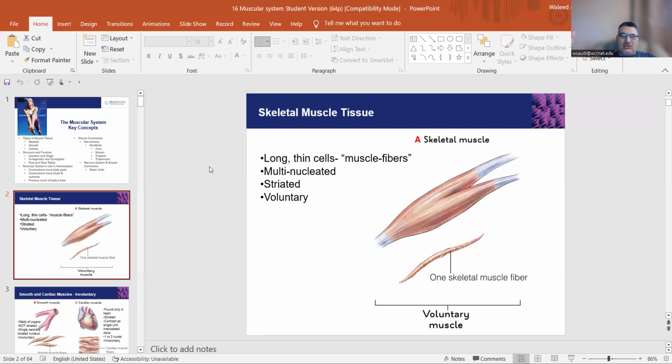Same thing for the smooth muscles. But let me remind you that the smooth muscles always go by exclusion. So always ask yourself, if I ask you about any muscle, what kind of muscle is that? The simple question is, is that muscle attached to my skeleton? Is it voluntary? If no, second question, is it in the heart?